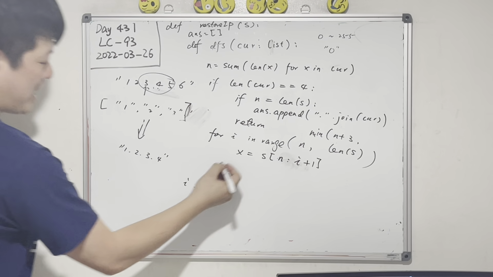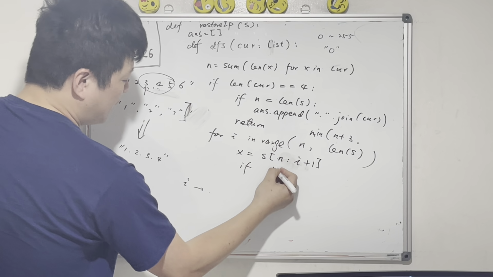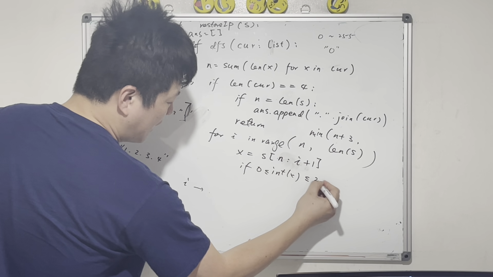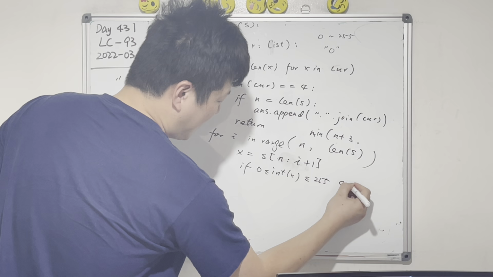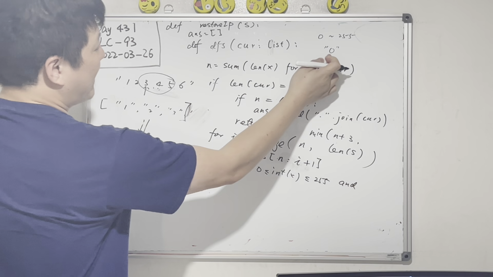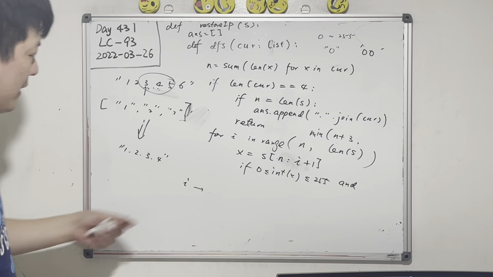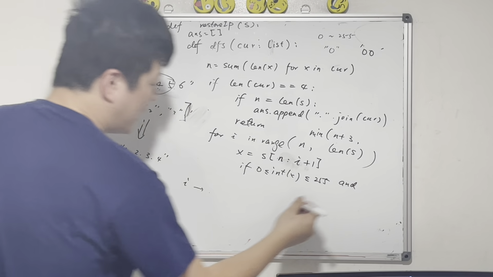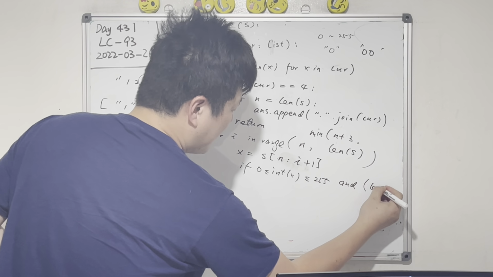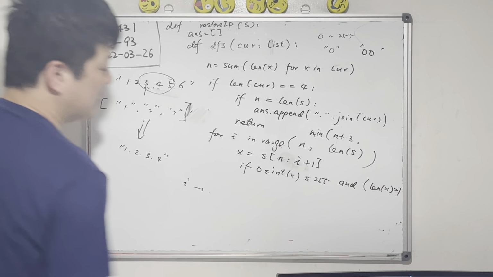Then we have to check if x meets the requirement. If this is a string, we convert it to an integer. If int x is bigger than or equal to 0 and smaller than or equal to 255, okay? If it's 0, we have to exclude the cases with multiple zeros.